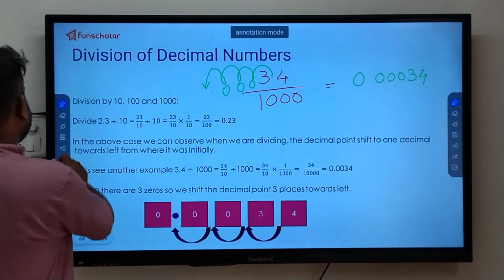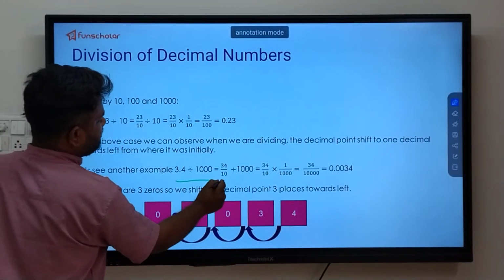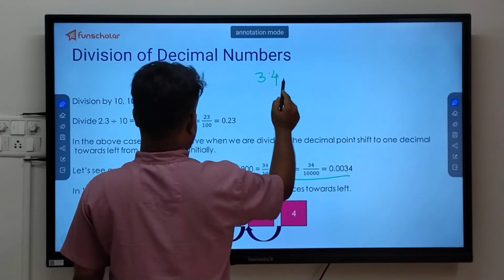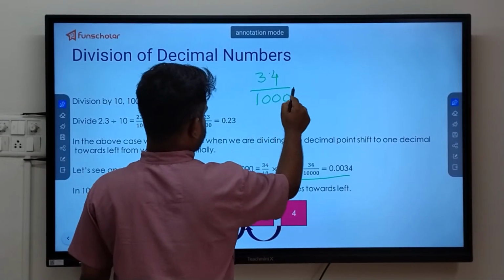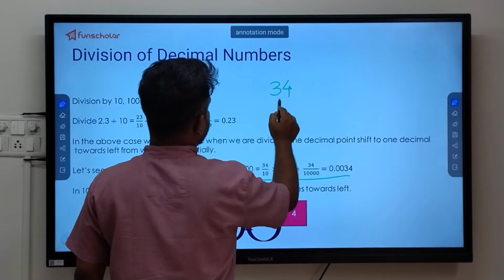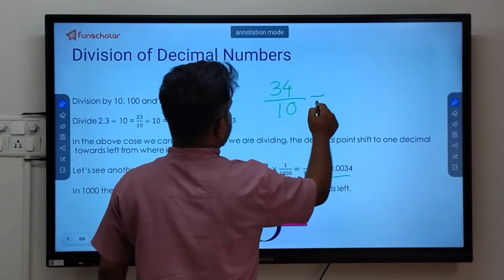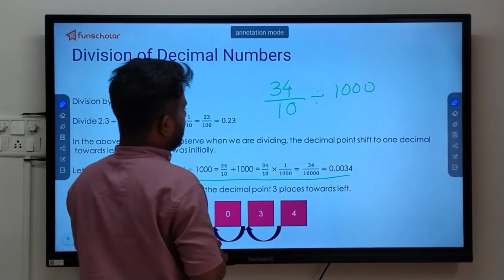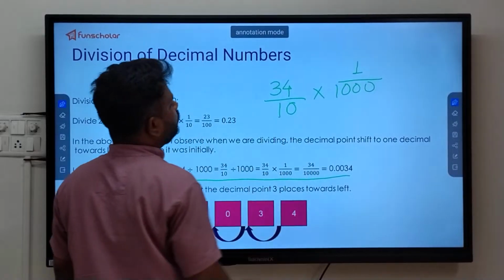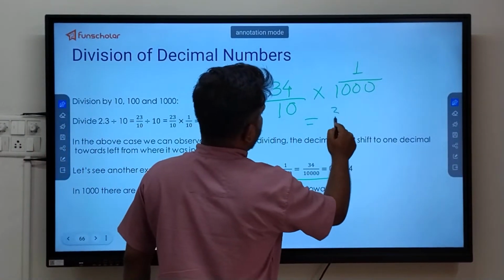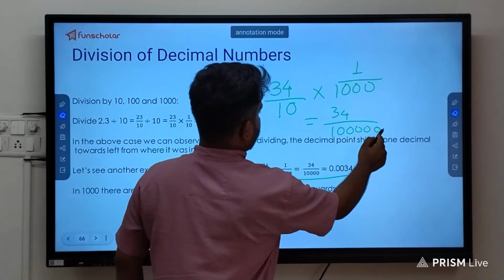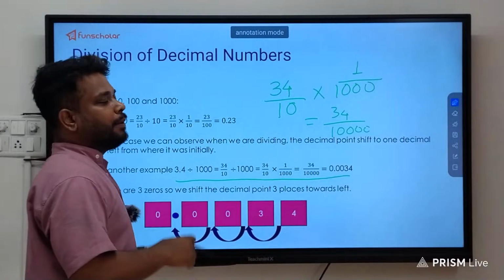Okay, or else you can do it like this. What they are doing is taking 3.4 by 1000 and writing 3.4 as 34 into 1 by 10 and dividing it by 1000, and the 1000 will be 1 by 1000, and this division will turn into a multiplication, and then we will have to multiply it and do the same process.